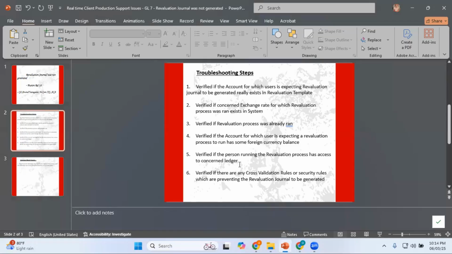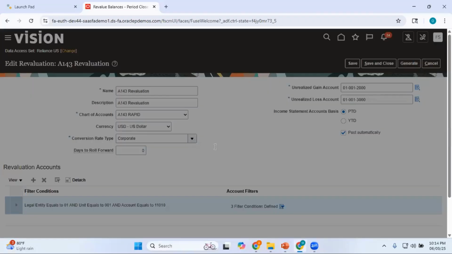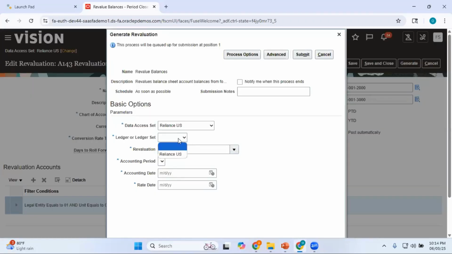the concerned ledger. Whenever you are running the revaluation process, sometimes you specify the ledger set. Within the ledger set, there may be, say, 4 ledgers, and if the user is expecting a revaluation process to be generated for ledger 5, then obviously that ledger should be part of the ledger set, right?